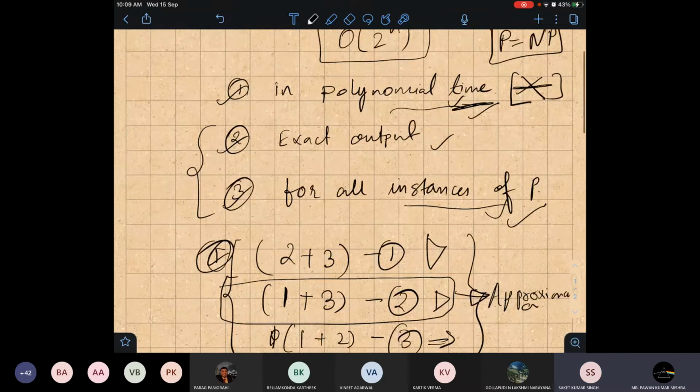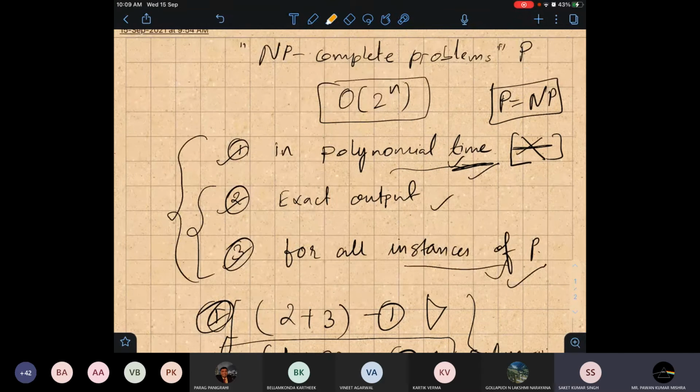I told you, these three aspects are very important. These problems are NP complete, so there are three aspects required, and we cannot take all three into account together, assuming P is not equal to NP.